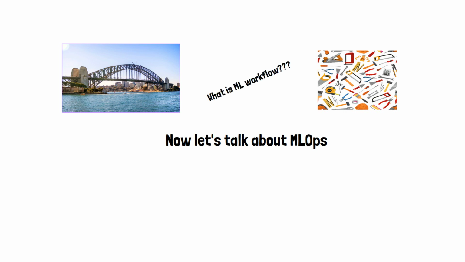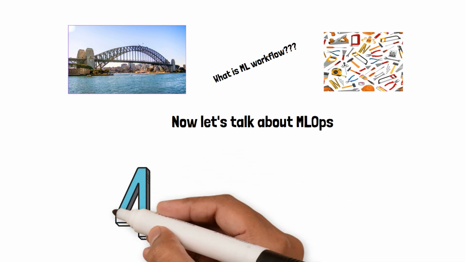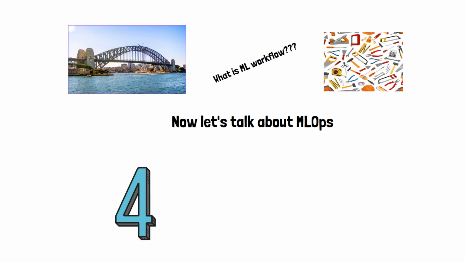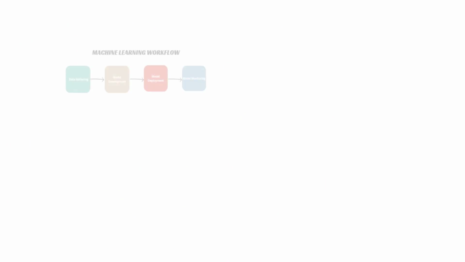Okay, let's back up a little bit. A machine learning system comprises four fundamental ML components, which are data gathering, model development, model deployment, and model monitoring. These components connect together to form an integrated ML workflow.